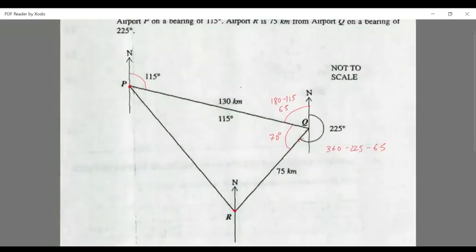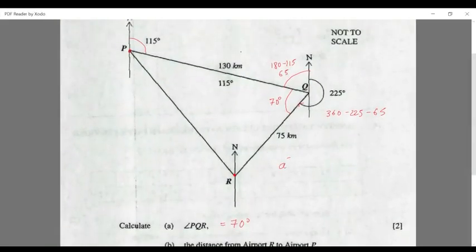So we will implement that here. A squared is equal to b squared plus c squared minus 2bc cosine of the A angle, where this is A, this is B, this is C. It doesn't matter for our purposes.